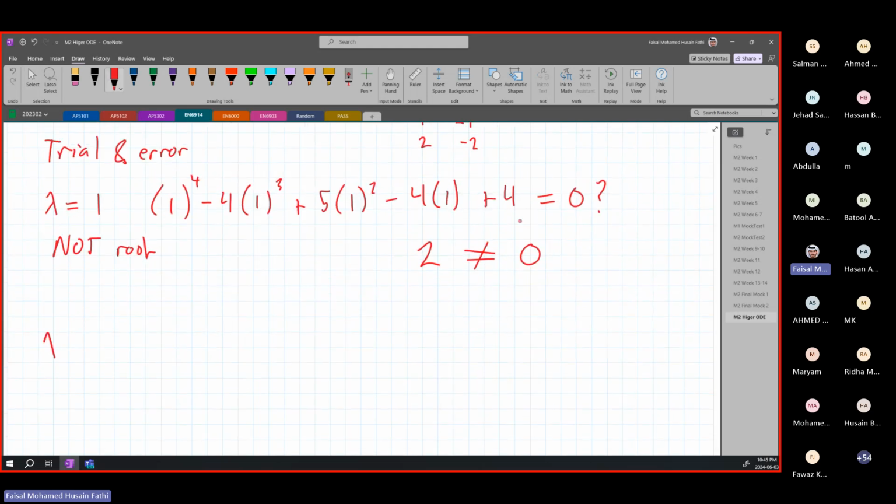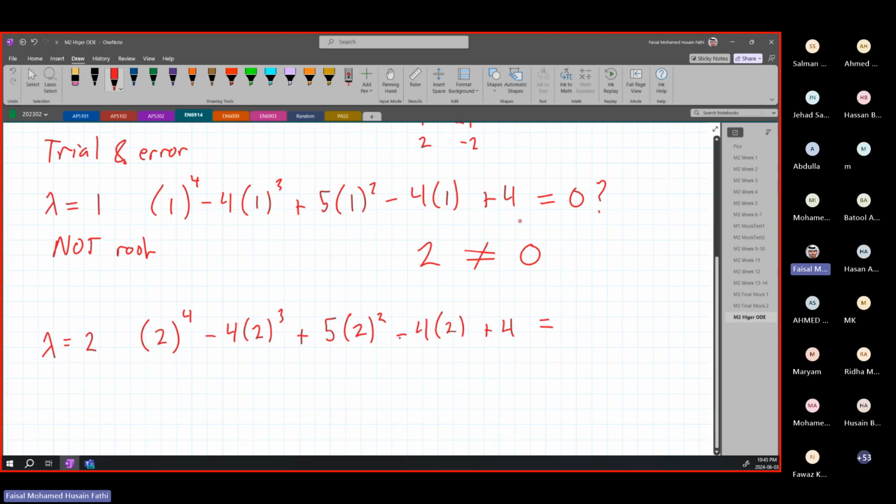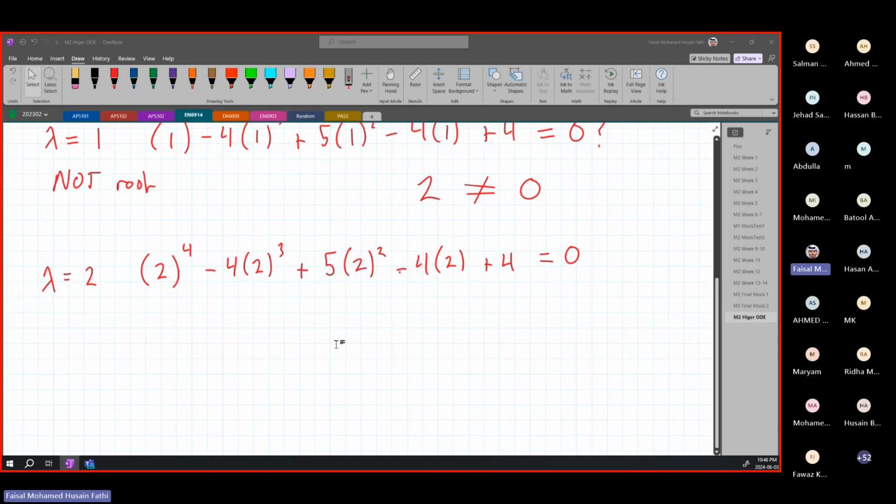So lambda equal 2. That means we're going to plug in 2 power 4 minus 4 into 2 power 3 plus 5 into 2 power 2 minus 4 into 2 plus 4 equal 0. All right? And we're going to check for that. So again, we're going to plug this into our calculator.